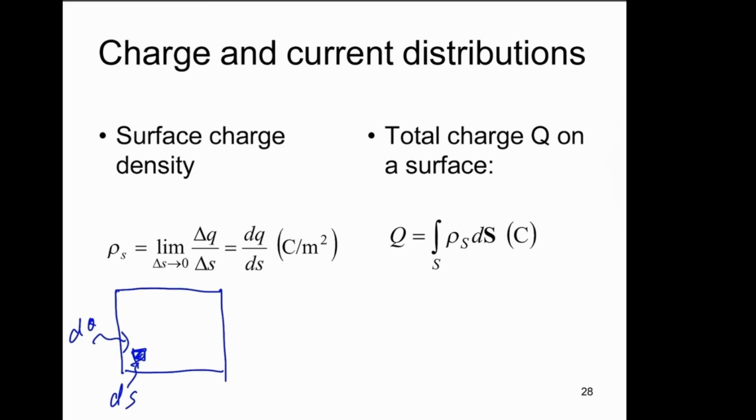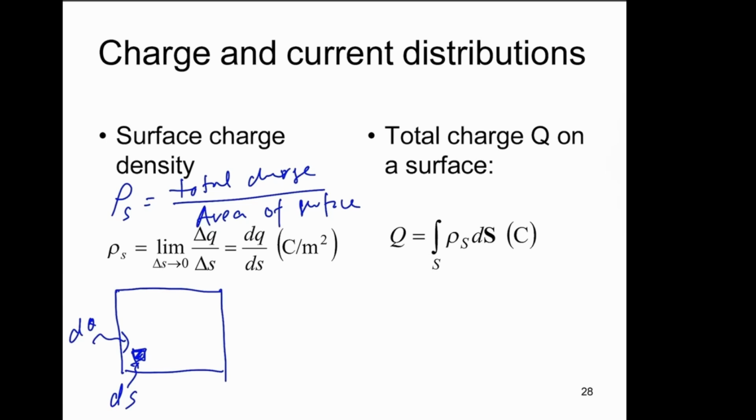Surface charge density rho s is equal to total charge over area of surface.